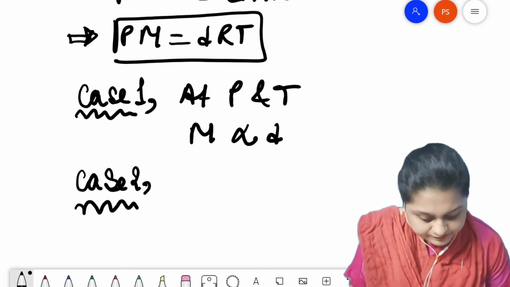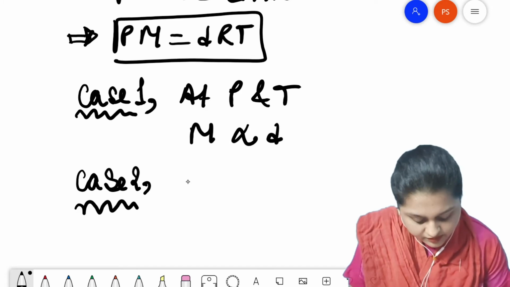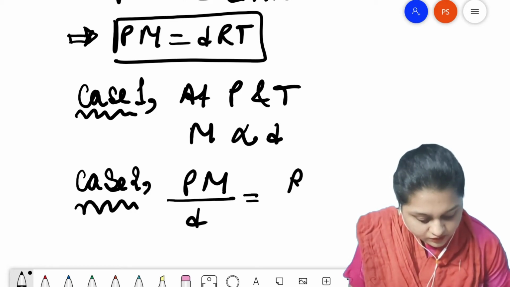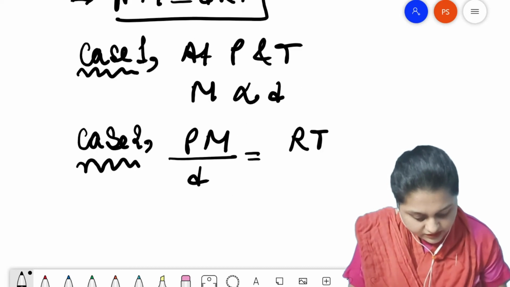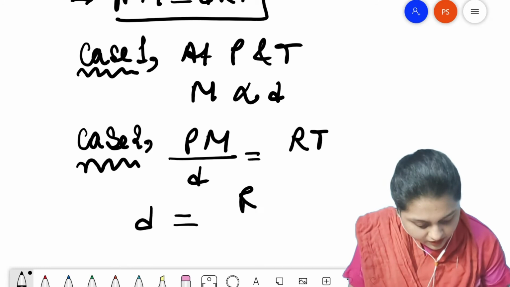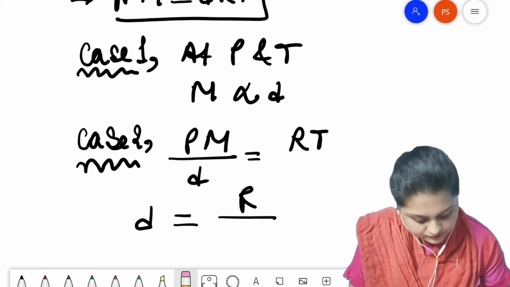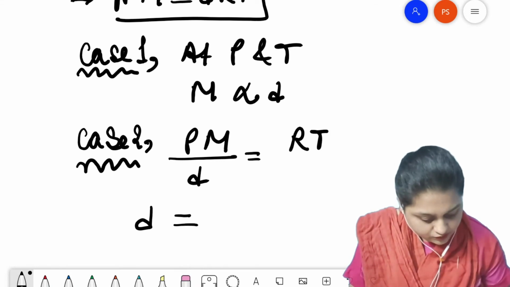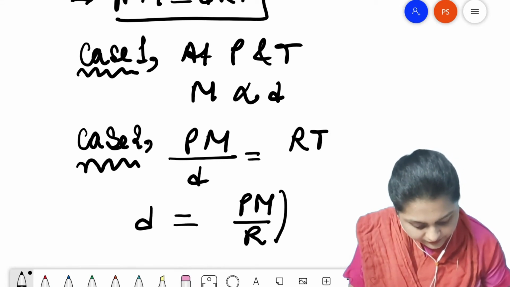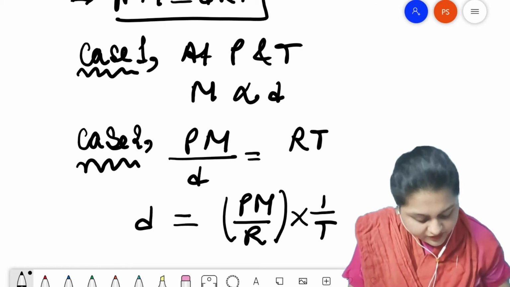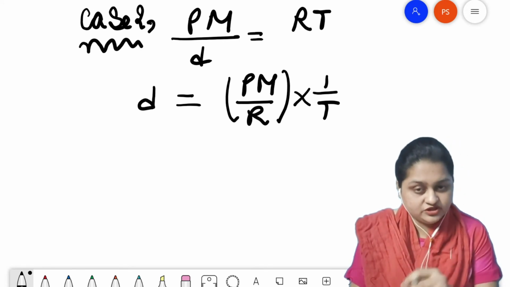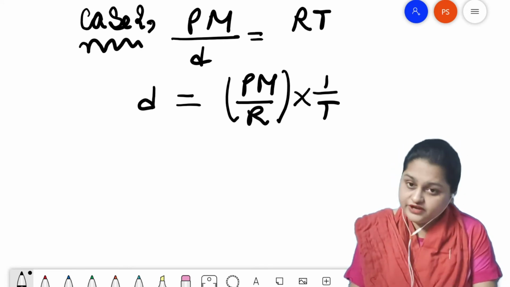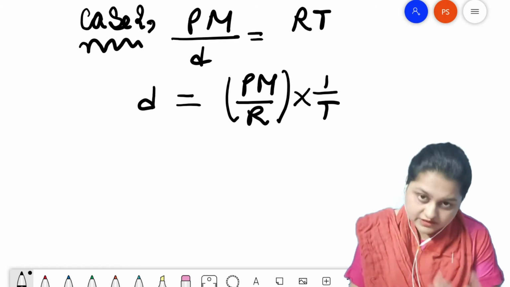Now, if pressure and molecular mass are the same, because I am considering only a particular type of gas, this entire equation will become d equals PM by R whole into 1 by T. Now, PM by R is a constant term because we are observing a particular gas, so molecular mass is constant, pressure we have taken constant, and the universal gas constant is itself constant.